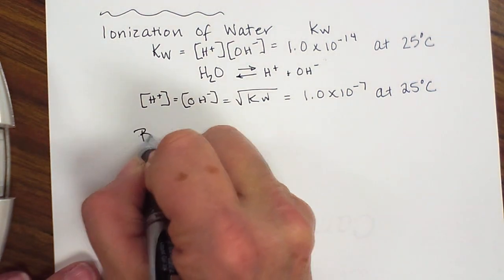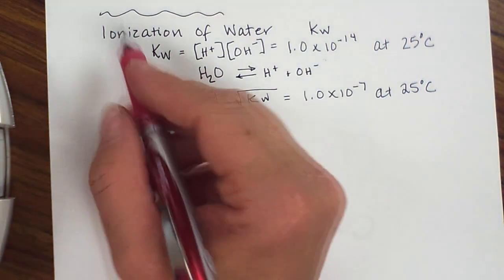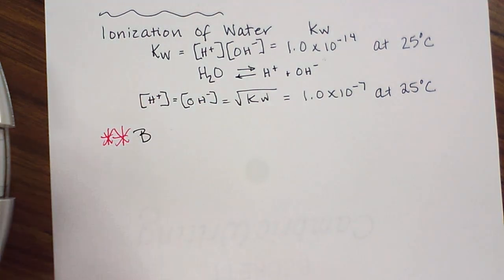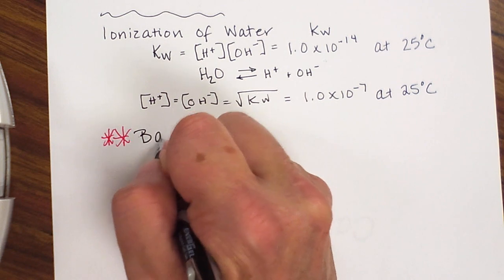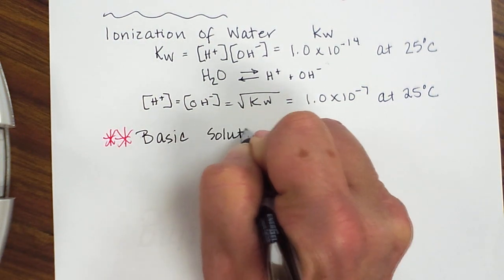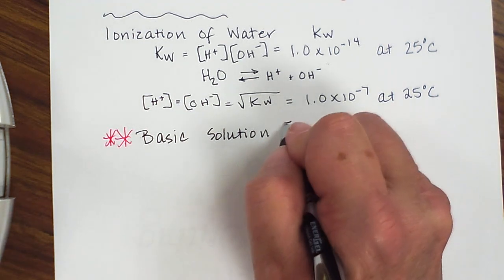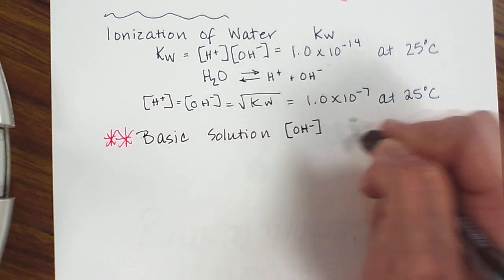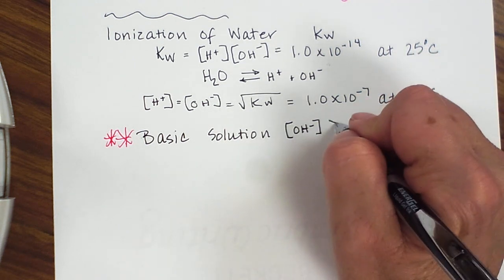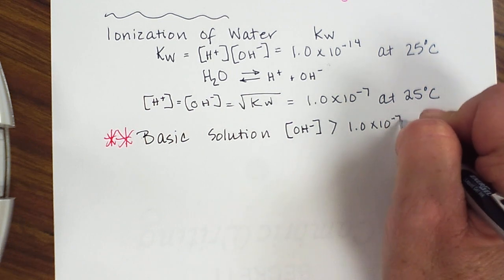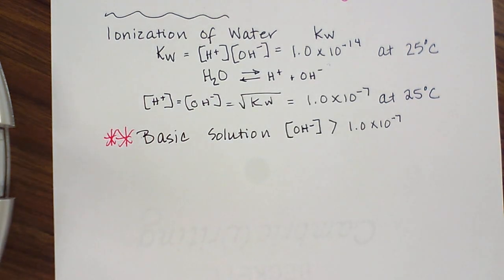So in a basic solution, the concentration of OH minus is going to be greater than 1.0 times 10 to the minus 7 because it's basic.